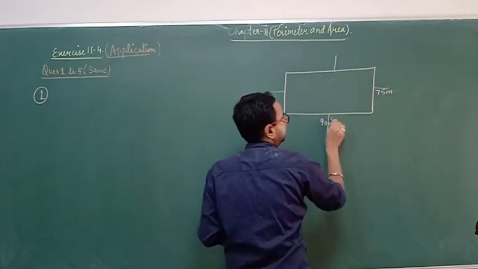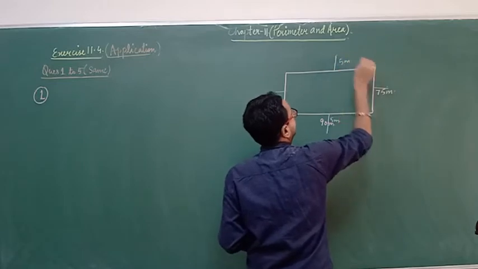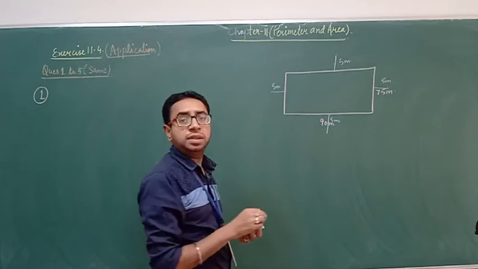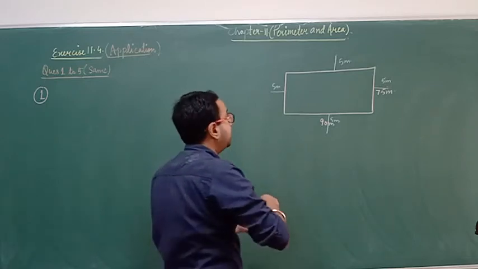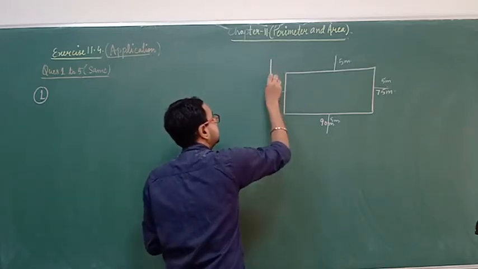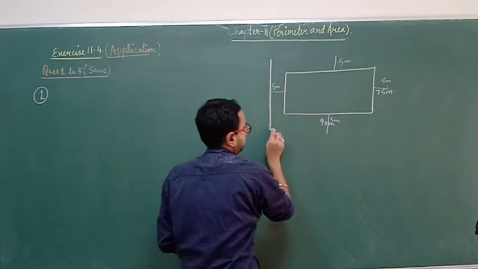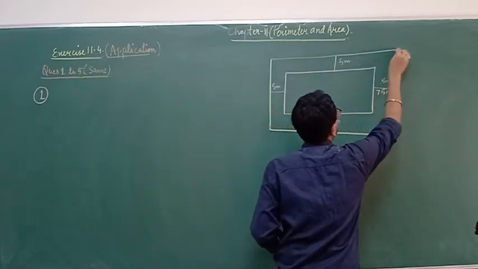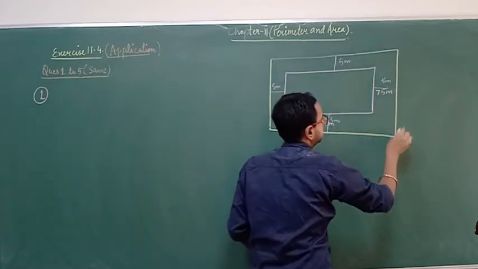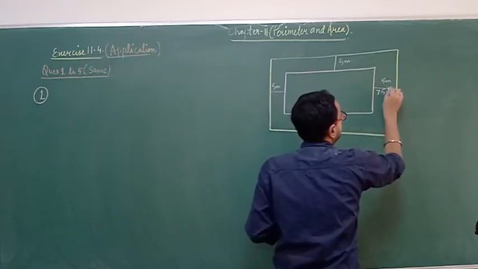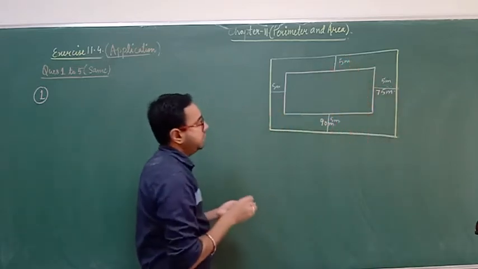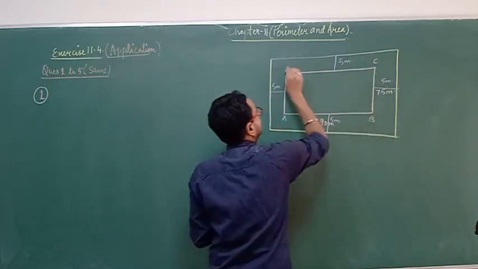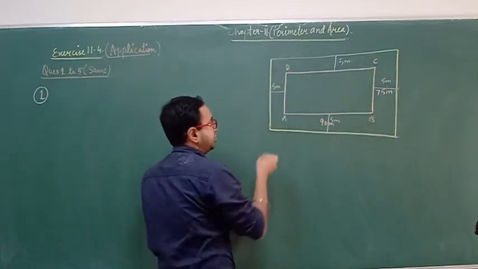It means this is the extra path. Yes or no? This is the extra path. This is what it means. The path, extra one. We'll name it A, B, C, D, and this is E, F, G, H.